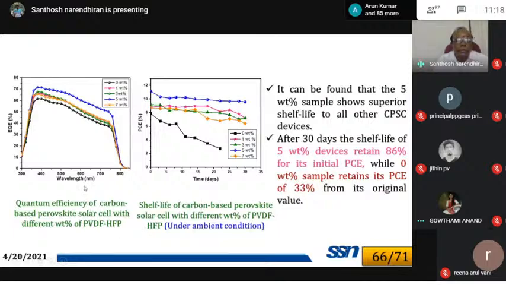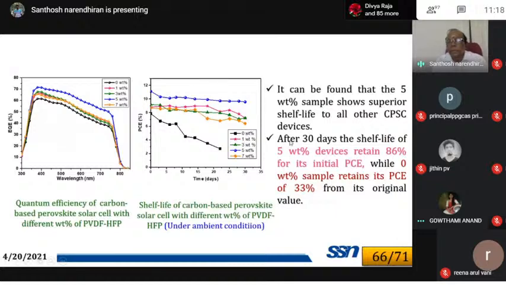The quantum efficiency is the highest for this additive, and for shelf life again with time, you find without any additive, the pure material deteriorates very fast, whereas the additive ensures the deterioration is less fast.